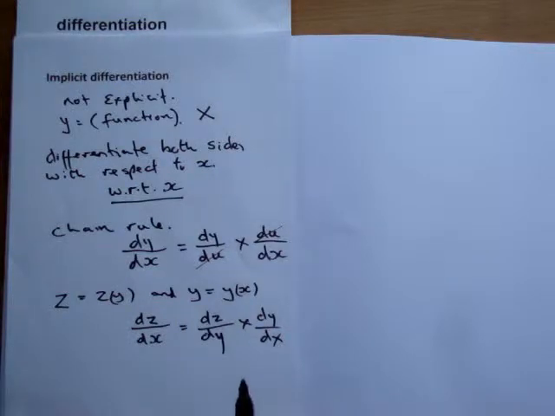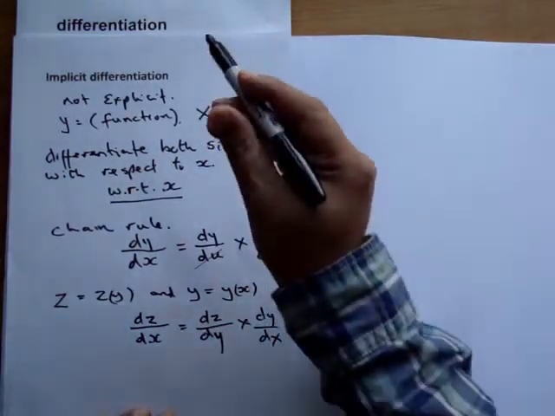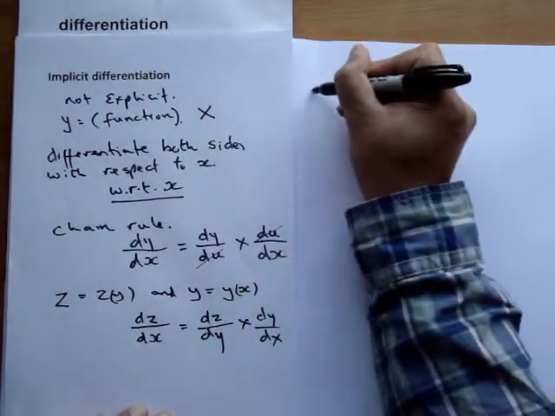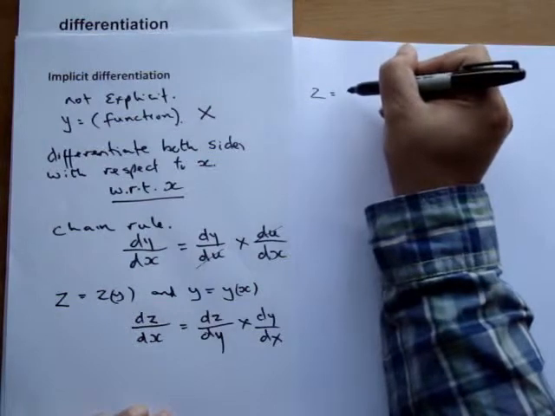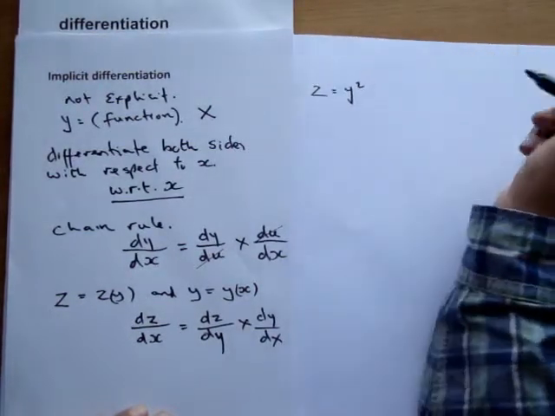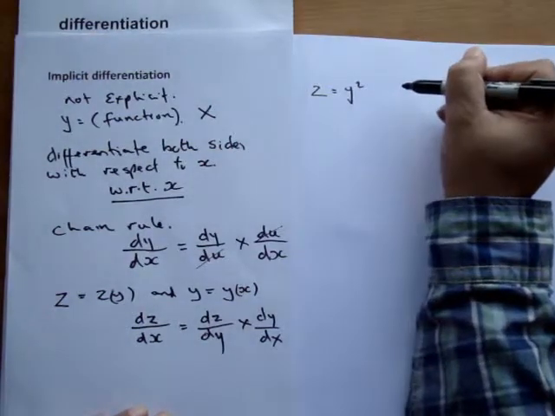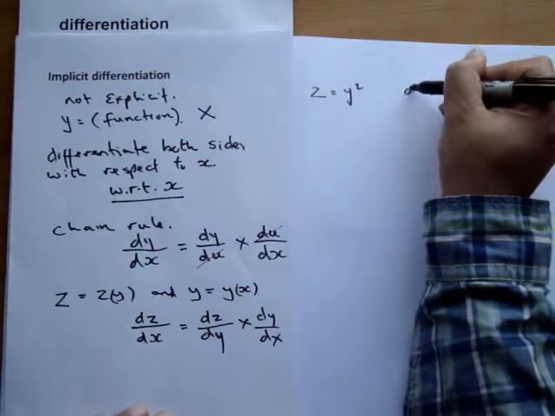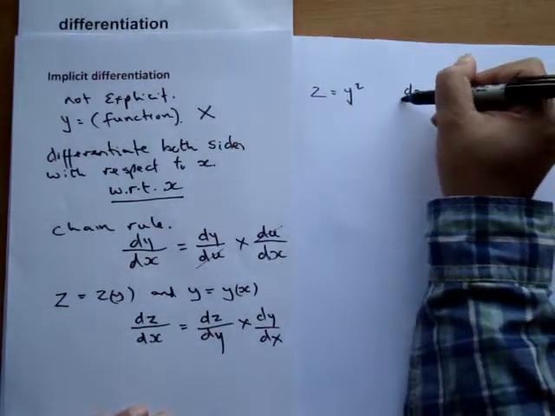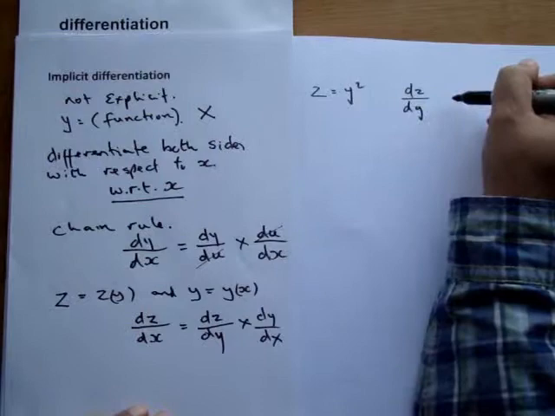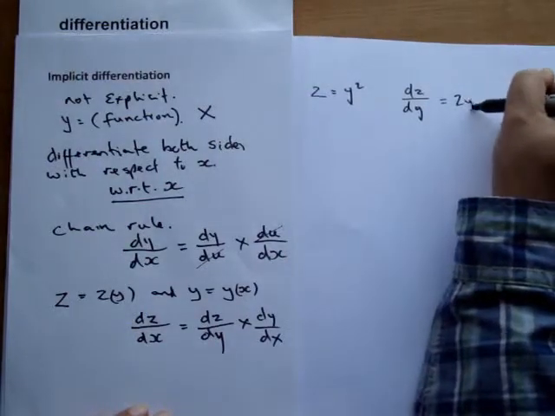Now suppose that z equals y squared. It follows that dz over dy equals 2y.